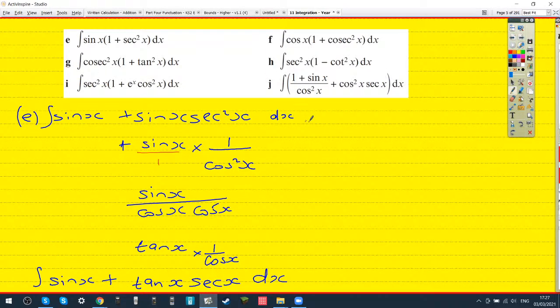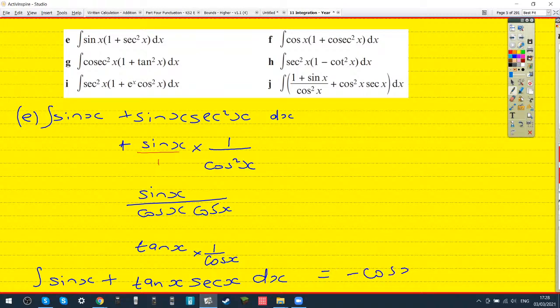And so, integrate. Does sin x become minus cos x?